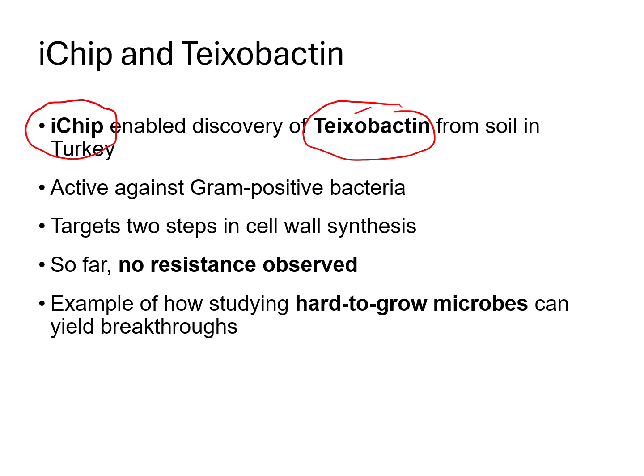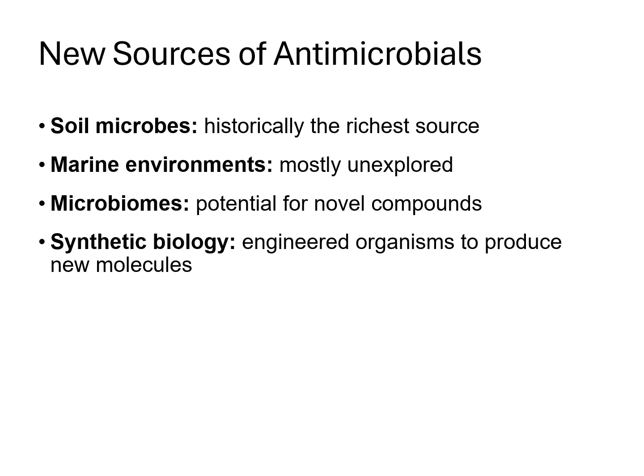This is an antibiotic that targets cell wall synthesis in gram-positive bacteria, and pretty remarkably, no resistance has been observed so far. We also have to consider new potential sources of antimicrobials, including the soil, like I just mentioned. Marine environments are largely unexplored.